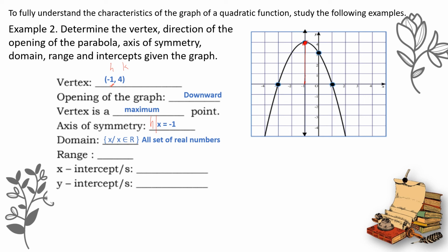Ang range po natin, yung y. So, ano po yan kanina? So, ibig sabihin, y such that y is opening downward. So, ito po dapat ay greater than or less than. Please check. Check natin.